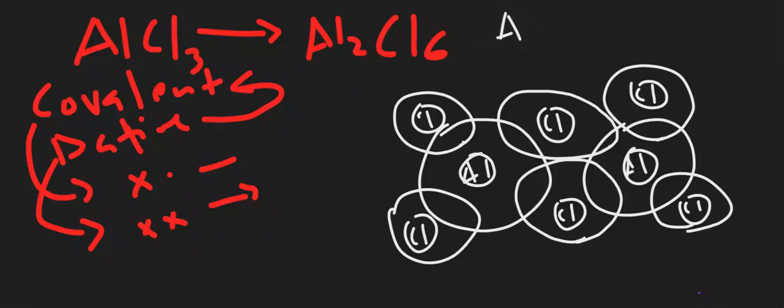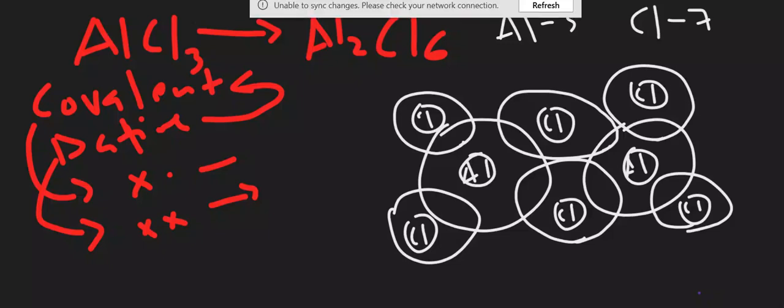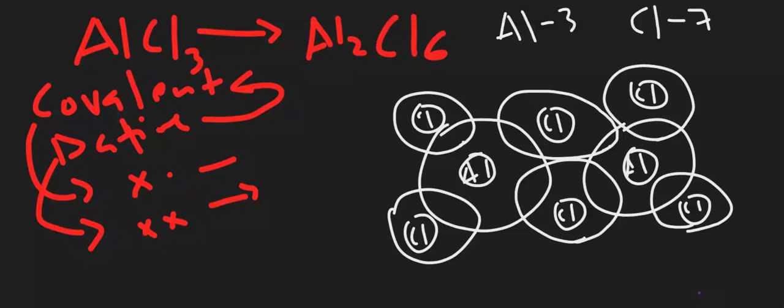Aluminium has 3 valence electrons, while chlorine has 7 valence electrons. What does it mean? Aluminium requires 5 more electrons from somewhere. And where will they come from? They'll come from chlorine.